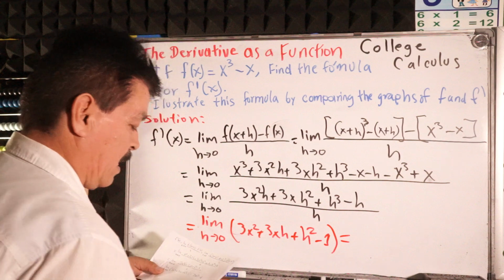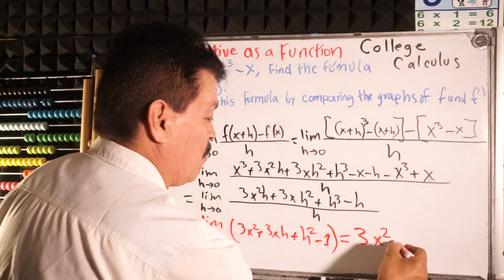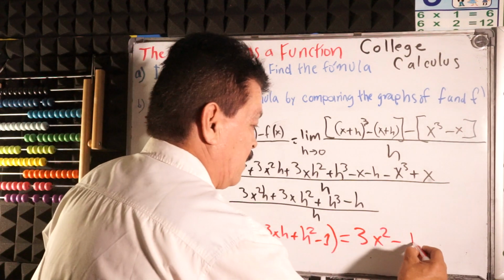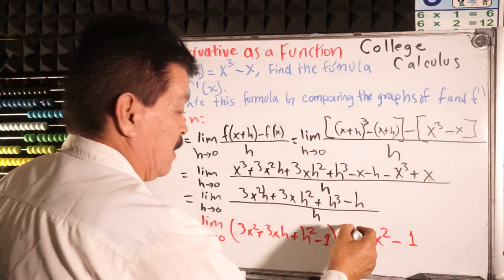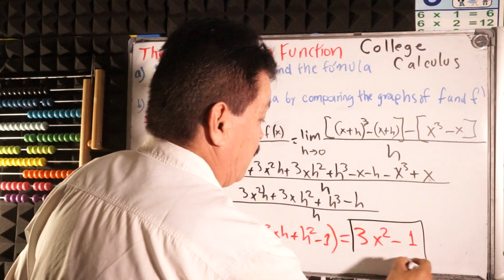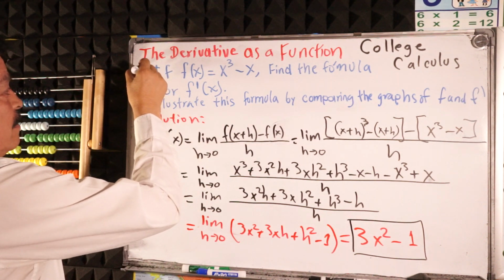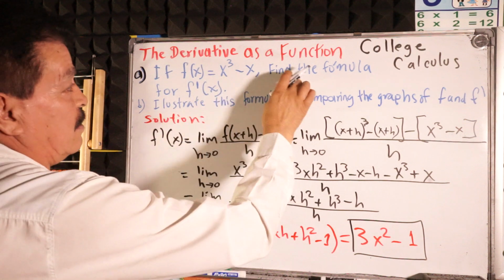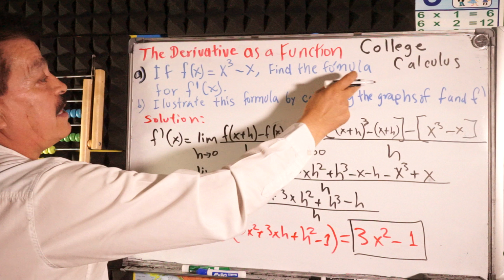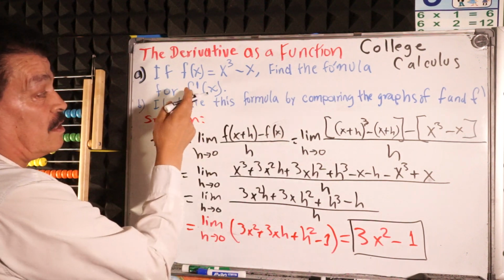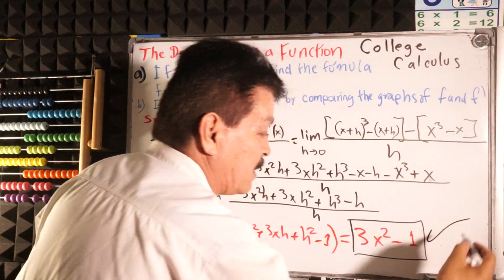If you simplify, this equals 3x squared minus 1. That's the derivative of our function. So we did the first problem: if f of x equals x to the third power minus x, find the formula for f prime of x. This is the formula for the derivative.